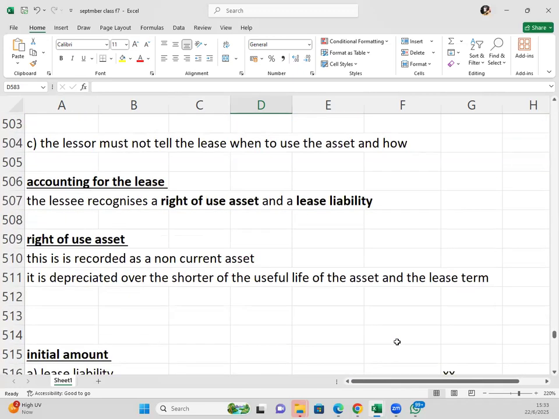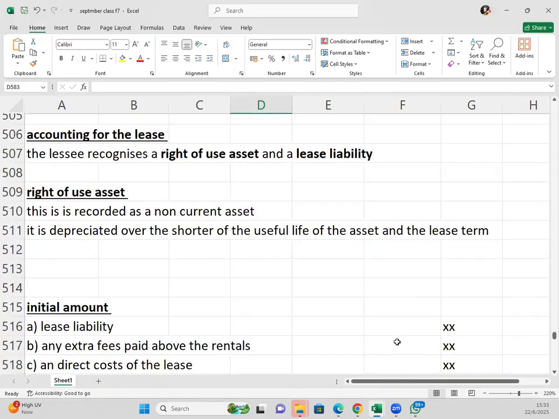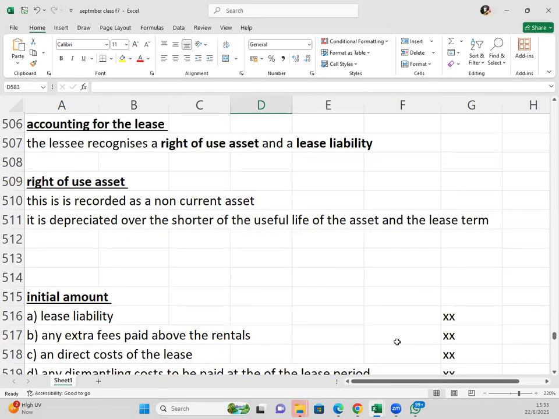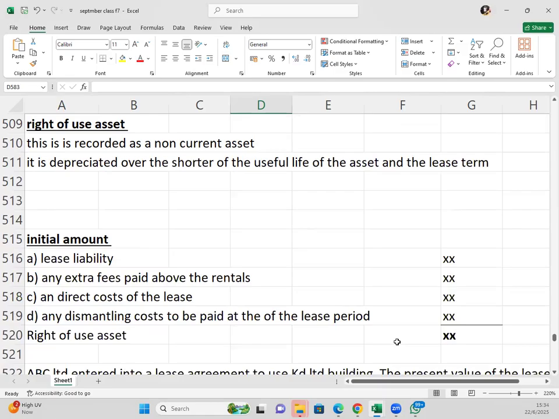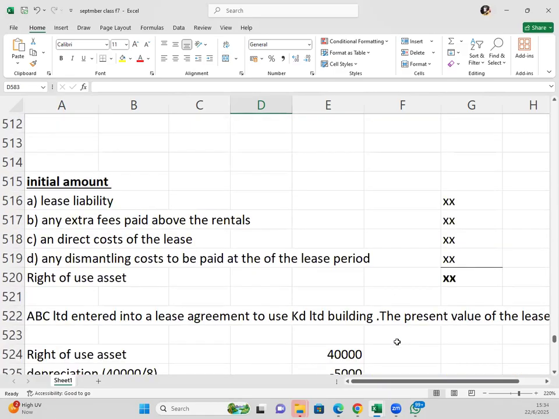We also mentioned that when you're accounting for the lease, you need to account for the right of use asset and a lease liability. The right of use asset is treated as a non-current asset in your books, and it is depreciated over the shorter of the lease term and the useful life of that asset.